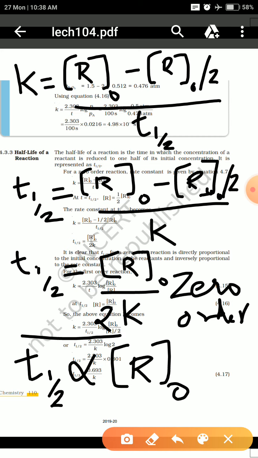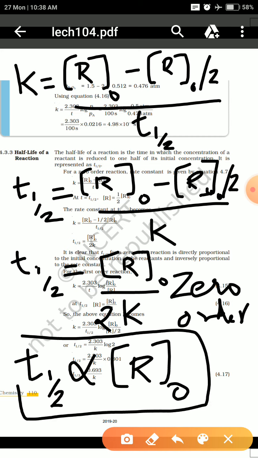And it is inversely proportional to the rate constant: T half is inversely proportional to 1 by K. We need not bother about that.